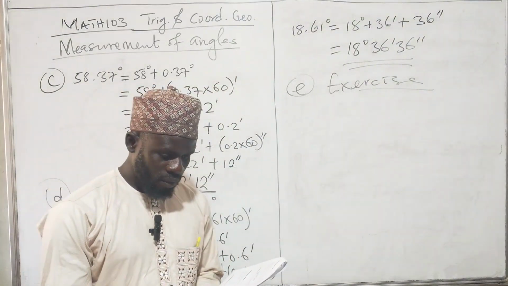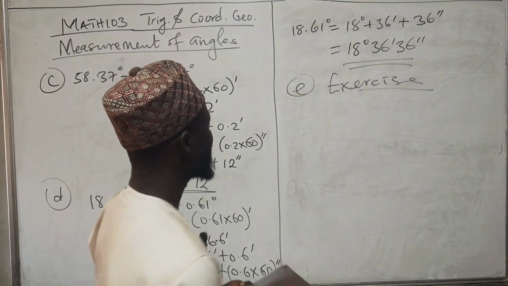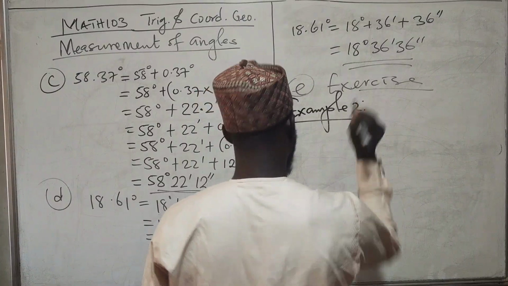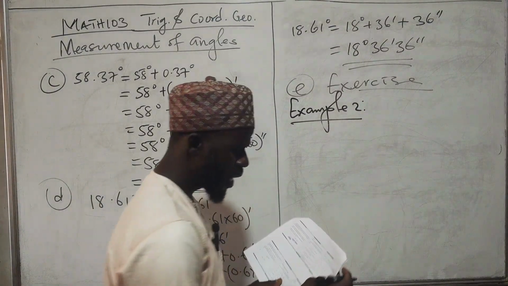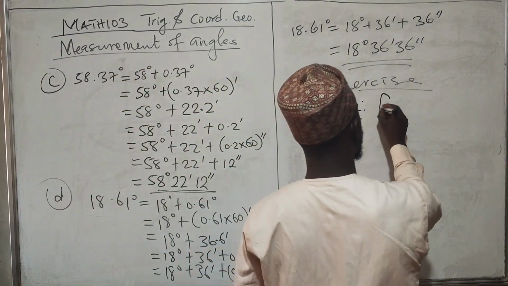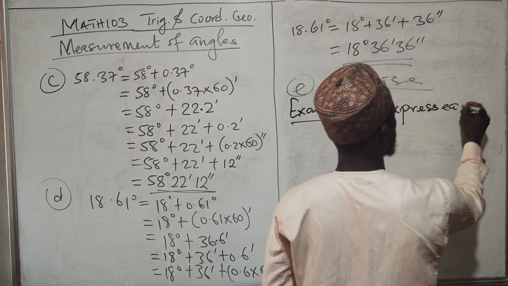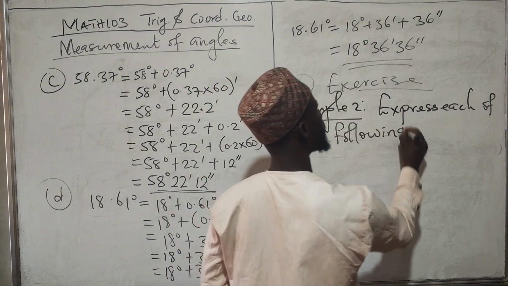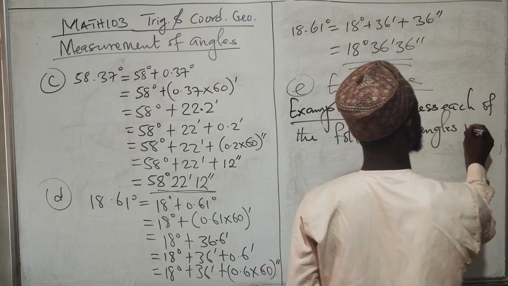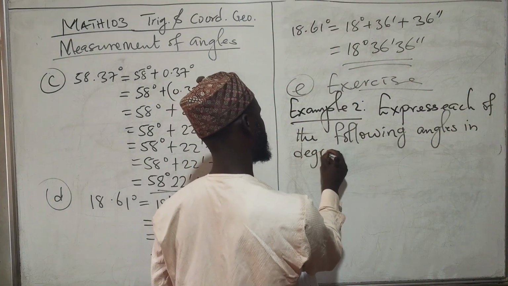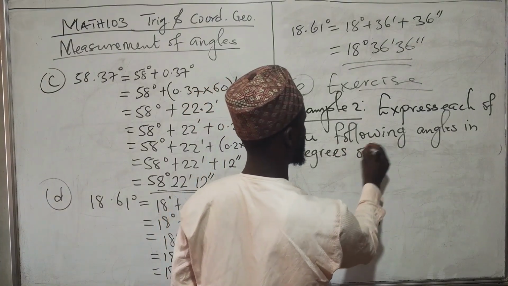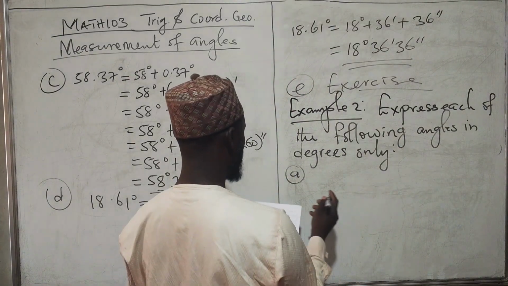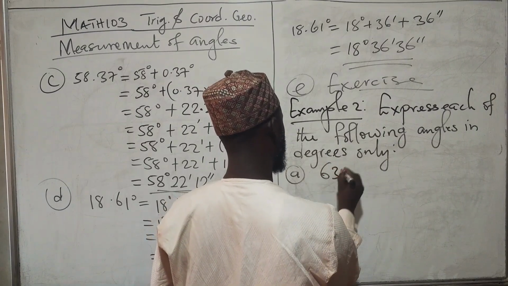Well, we have another example, example 2. Example 2 is saying express each of the following angles in degrees only. A, 63 degrees, 42 minutes.